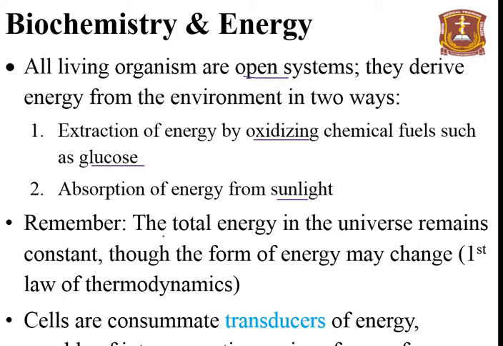Now we should remember the principle of energy conservation, which says the total energy in the universe remains constant, though the form of energy may change. That is the first law of thermodynamics.